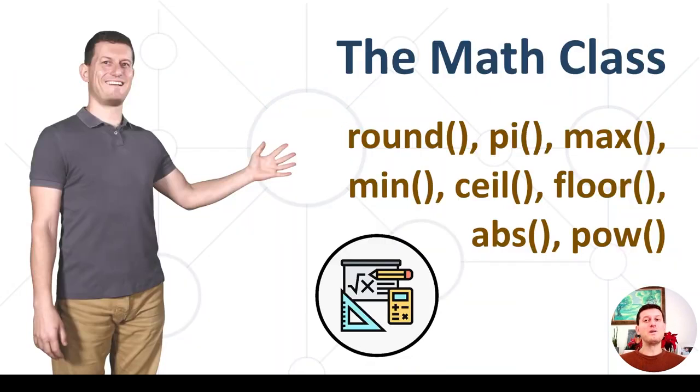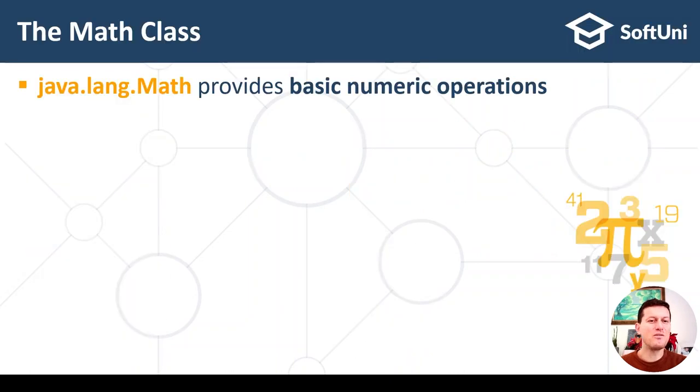So let's start with the Java Math class. I'll talk about the round function, the PI constant, calculating maximum, minimum, ceil and floor for cutting up to an integer up and down a certain floating point number, absolute value, raising a number to a certain power, etc. So java.lang.Math provides basic numeric operations.